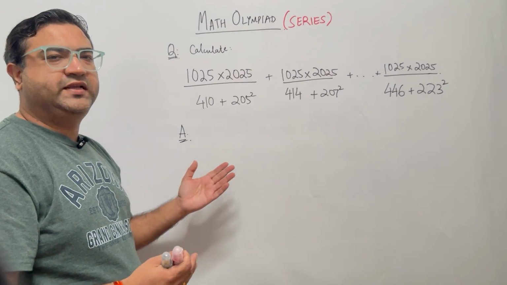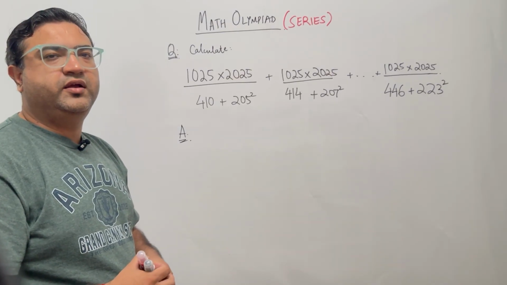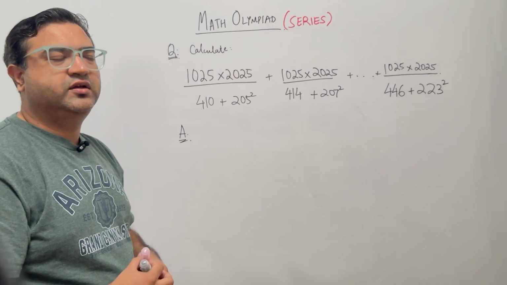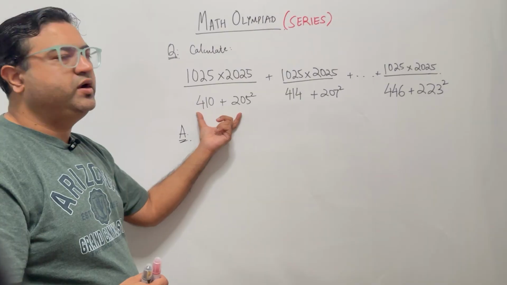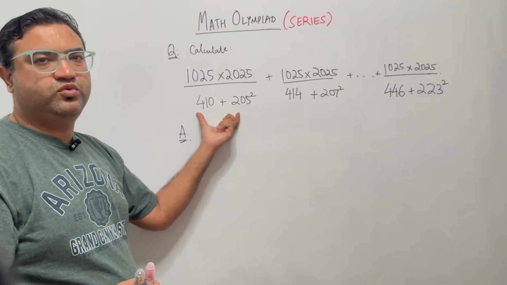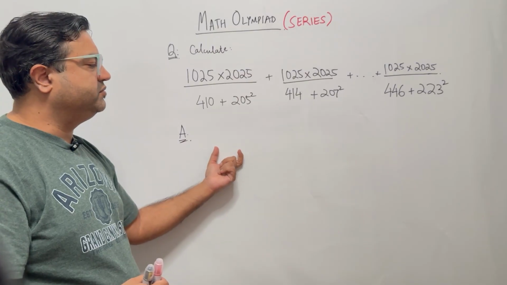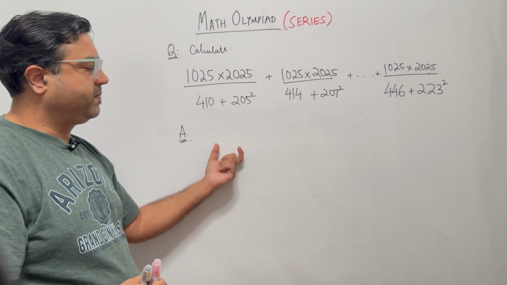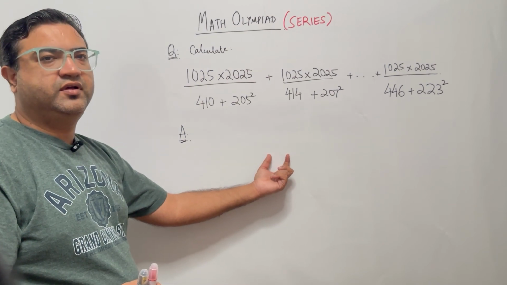So for a series problem, one of the most common ways to solve it is to identify how one term can split into two terms, where the first term is positive and the second term is negative.